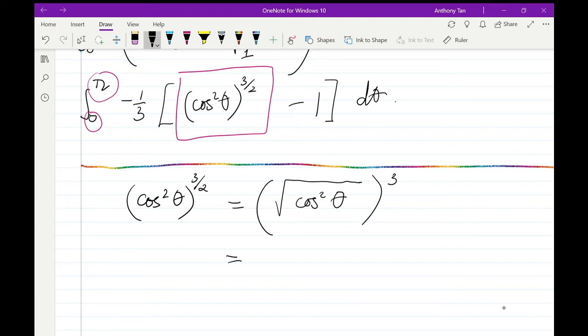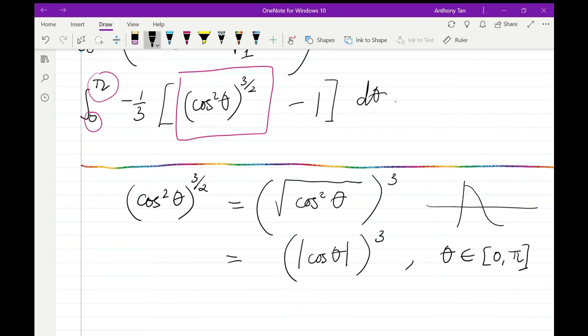And what is square root of cosine squared? It is actually absolute value of cosine theta raised to the third power. And theta in this case, from the bound, you can tell that it's going from 0 to pi. And cosine between 0 and pi is not all positive.